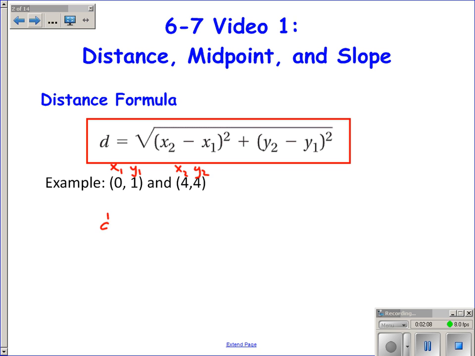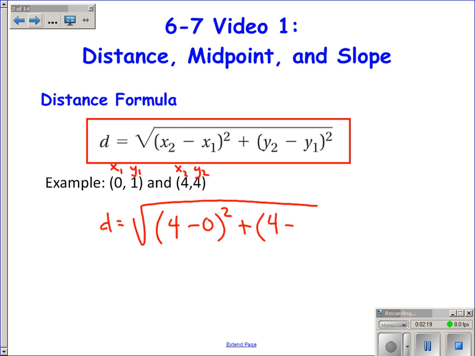Okay, so the distance is equal to the square root of x2 minus x1 squared plus y2 minus y1 squared. Okay, the difference in the x's squared plus the difference in the y's squared, and take the square root of that.